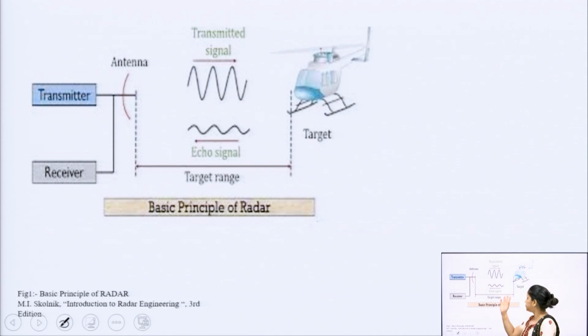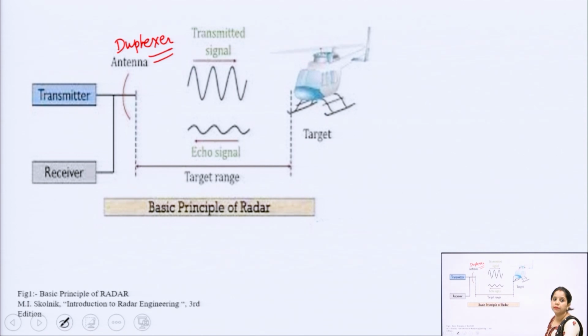So, this is a diagram depicting the basic principle of radar. This is our radar system, which consists of the transmitter and the receiver section. Here we have taken an antenna, of course a duplexer type antenna. I think everyone is aware of the duplexer type antenna.